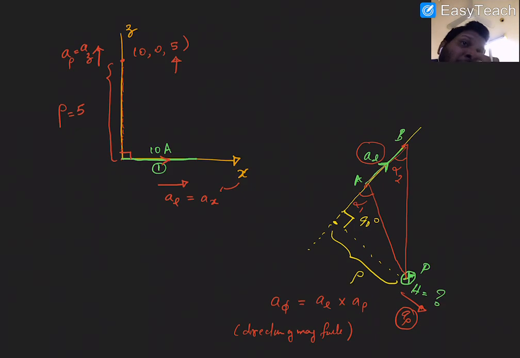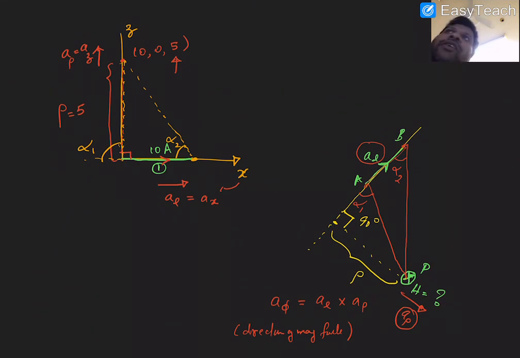Now I want to find the angles alpha 1 and alpha 2. So I will join to this point and to this point. Alpha 1 is the angle outside, so this is my alpha 1, and alpha 2 is the angle inside, and this is my alpha 2. I hope it is clear to you. So what is the formula?